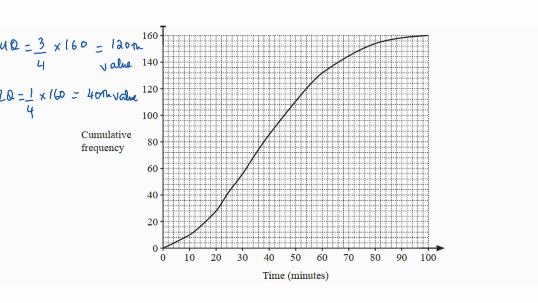So when we do that, this is your 120. And then the 40th value. So the 120th value is 54, and the 40th value is 22. So interquartile range is going to be the difference of these two values, and that's going to equal 32.